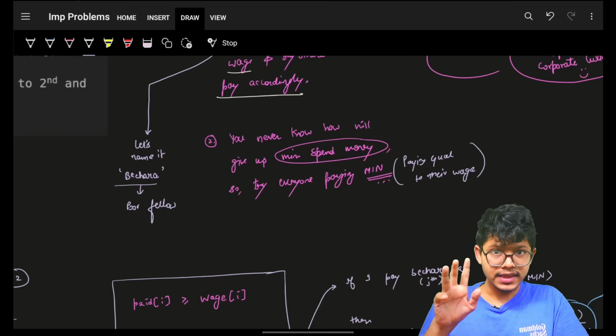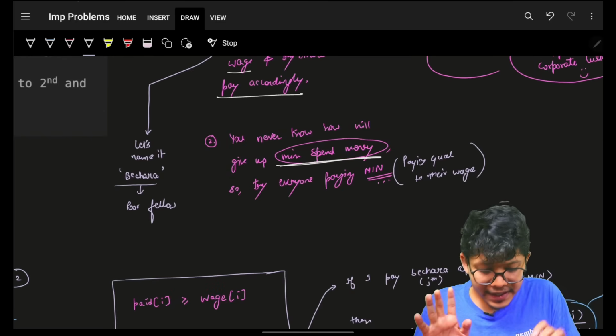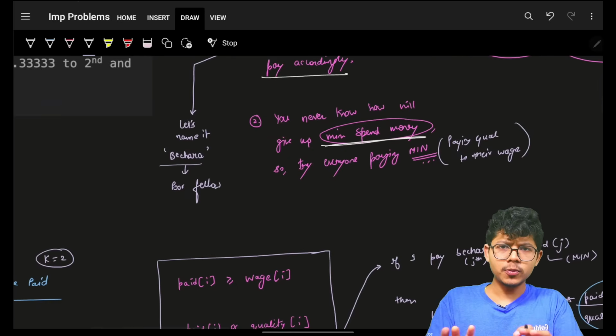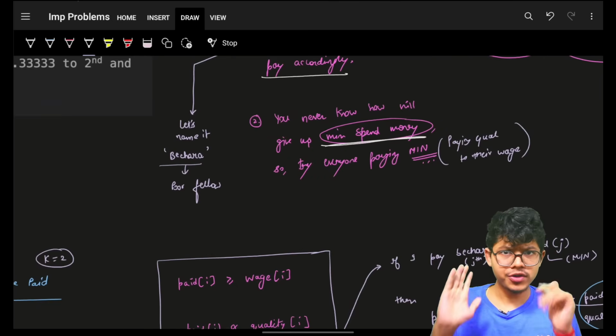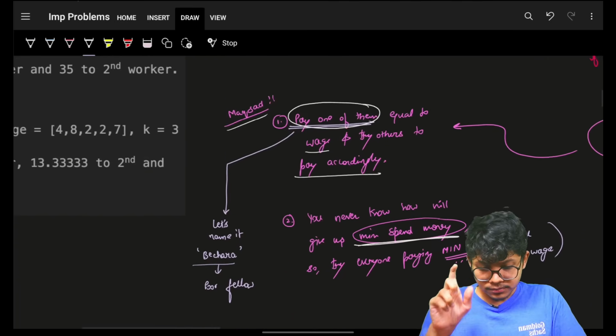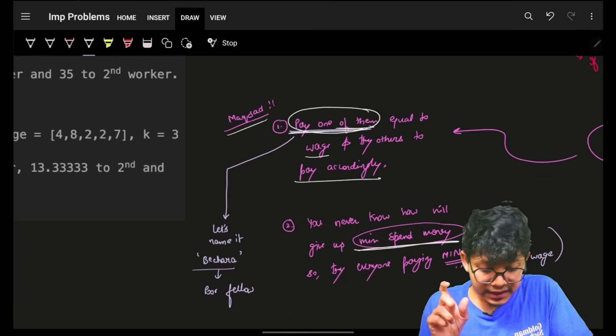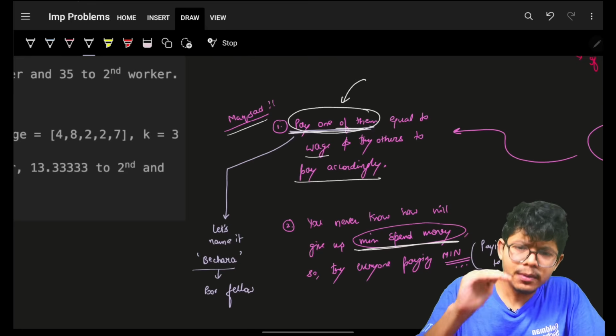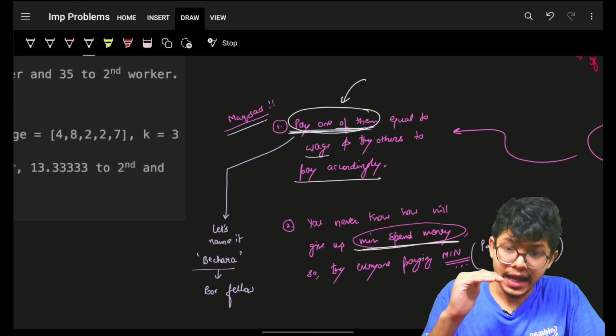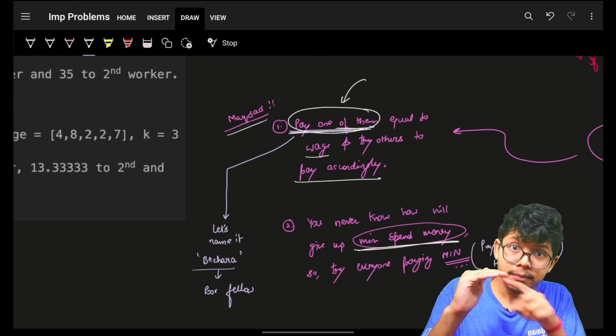And I know I have to spend minimum money, so I will make sure I give exactly the proportion which I demand. I will give one of them the minimum wage, whatsoever he demanded, and give others proportionally.